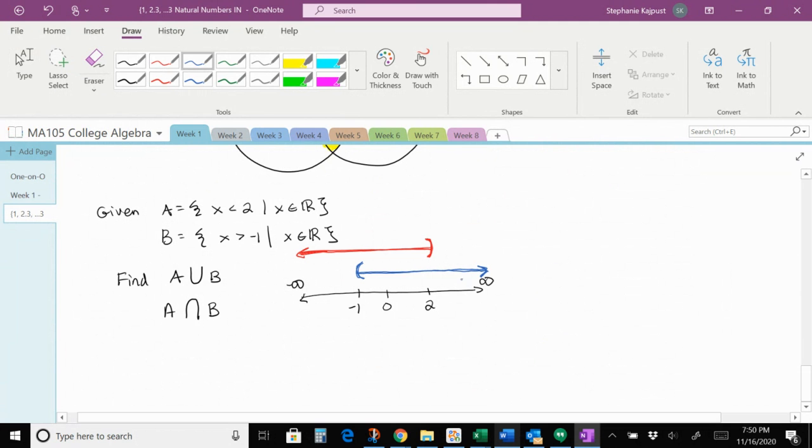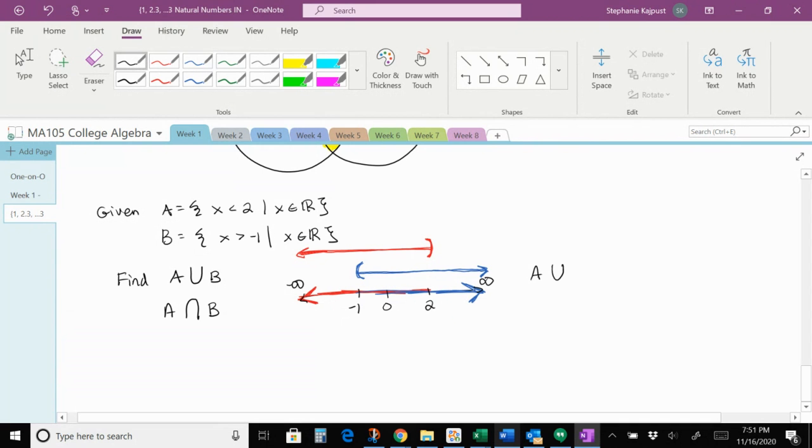So for the union, your answer is anything that's basically covered. So I'm shading here from 2, and I'm shading here from -1. And if you're looking at my picture, I have the entire number line shaded. So the union would end up being the entire number line, all real numbers.